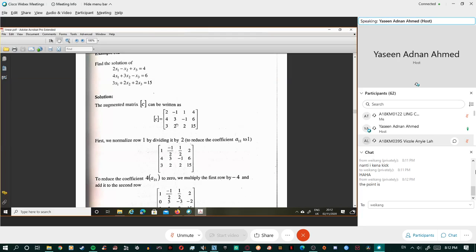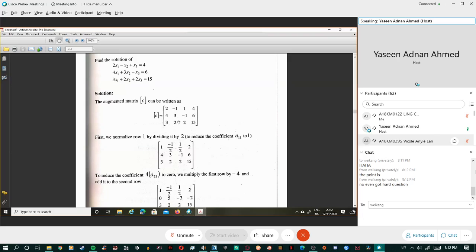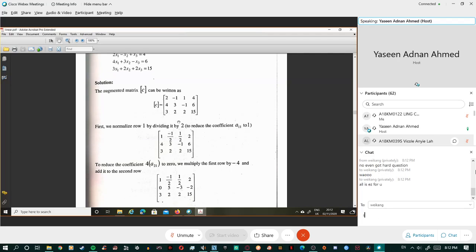Okay, so this coefficient matrix and constant value matrix, we write side by side, but we use vertical lines to separate the constant value matrix from the coefficient matrix. This is just the way that we represent the augmented matrix.